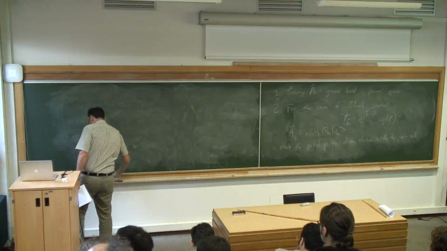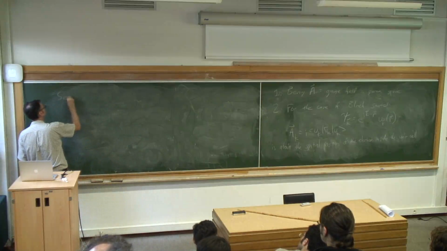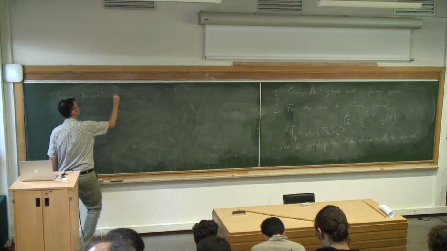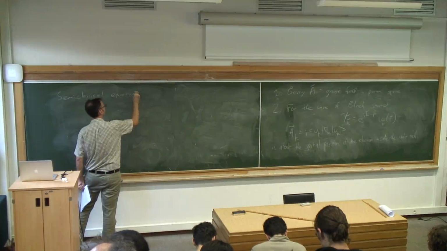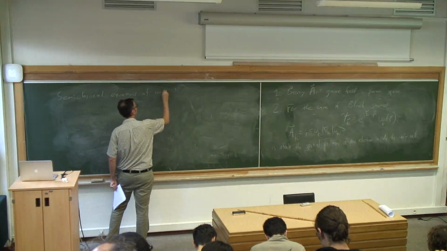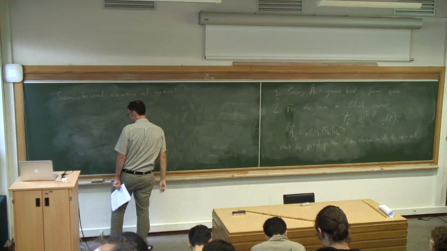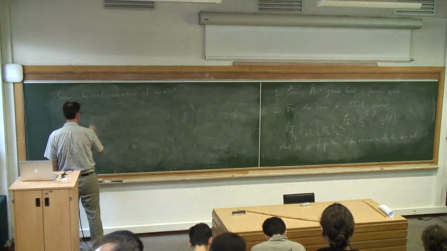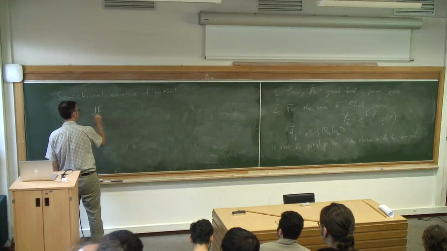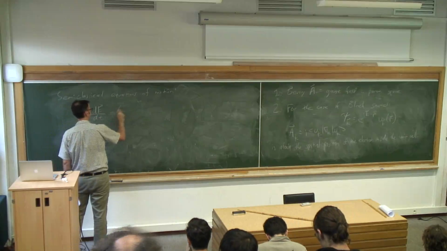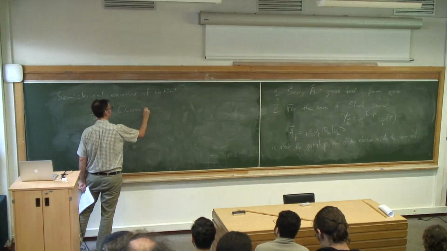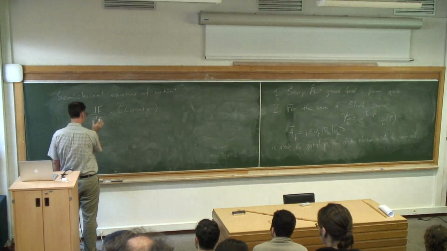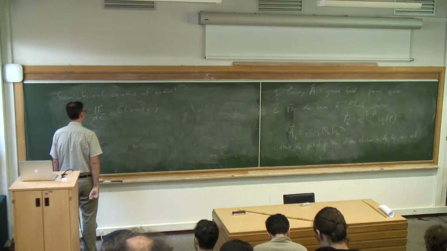Okay, so the semi-classical equations of motion: there's the Lorentz part. That is, there's an electric part and a magnetic part in how the crystal momentum evolves in time.